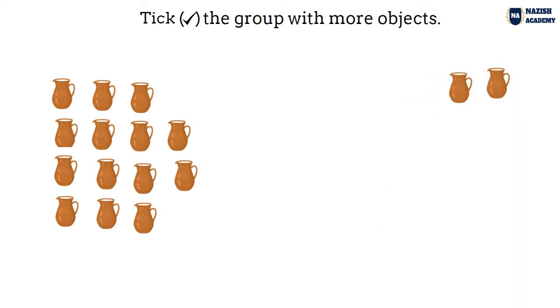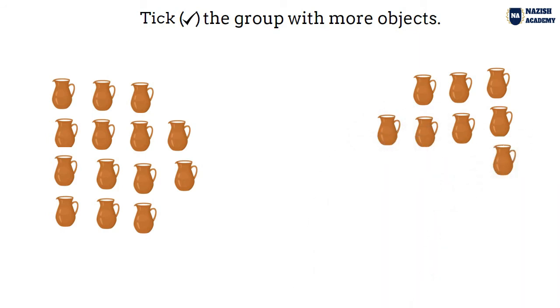And there 1, 2, 3, 4, 5, 6, 7, 8, 9, 10, 11, 12, 13. Where is more objects? There.